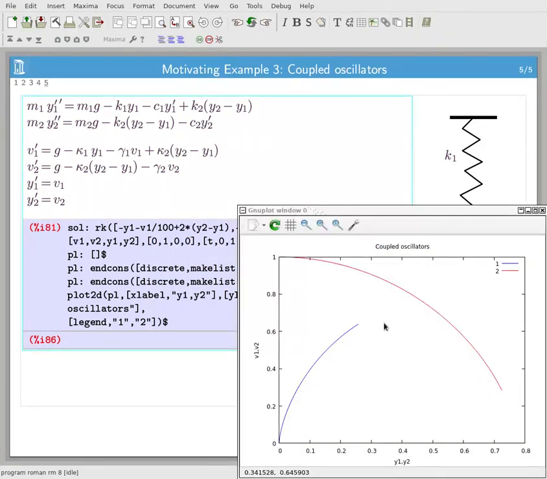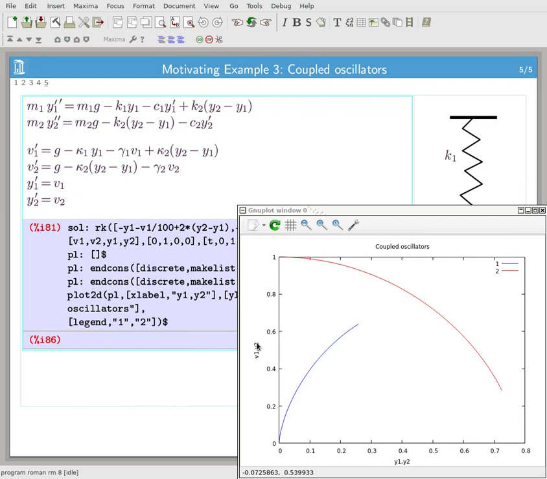After carrying out the integration, this is what we see as our result. The representation we're doing here is known as a phase portrait. This does not show the 4 variables that we have, the 4 dependent variables, namely positions y1, y2, and velocities v1 and v2 as functions of time.